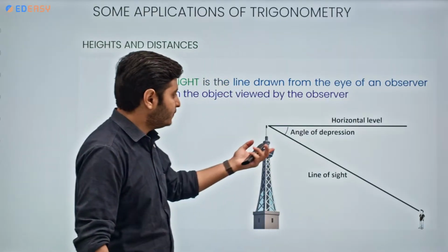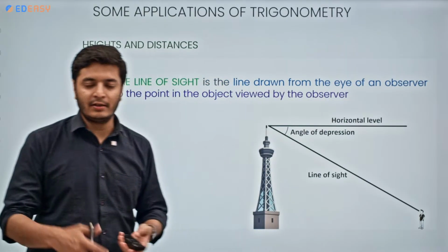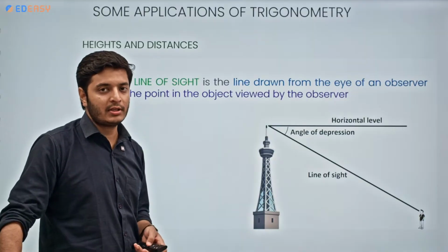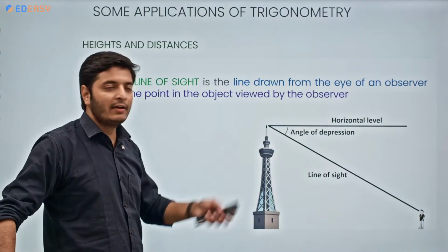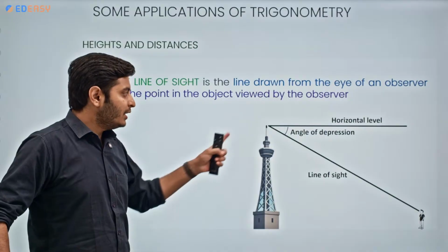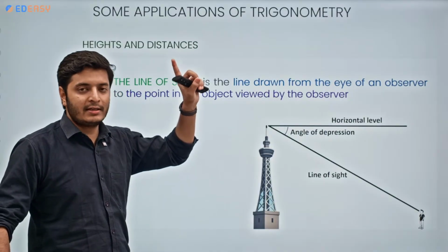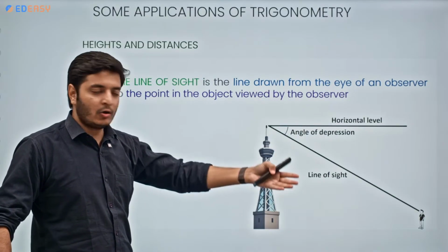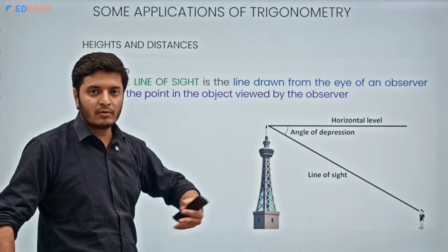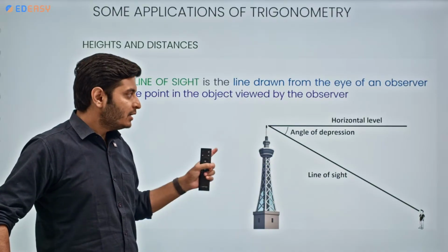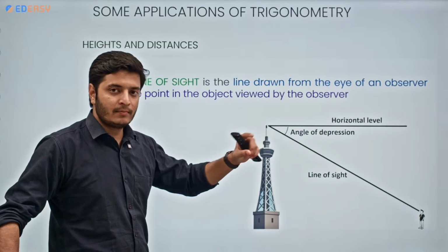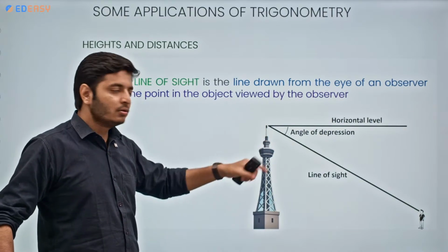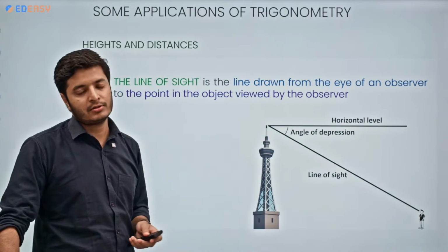So the value of this angle will always be given. If we have a situation like this, then we must be given the value of this angle. But in case the observer is at the top and the object is at the ground level or at the sea level, then the horizontal level will change for the observer. Also, the angle of depression will also change.